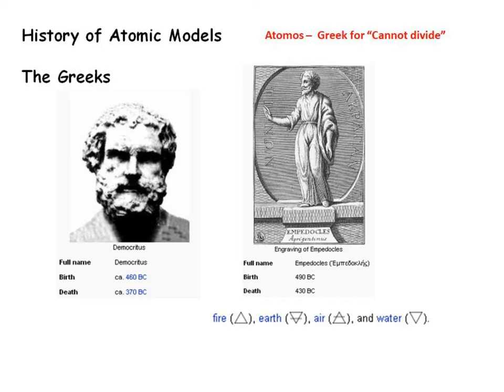And the Greeks were probably the first recorded evidence of people thinking that atoms might exist. In fact, the word atomos in Greek means cannot divide, and the word atom is derived from that. So even early on, people believed that there's a very fundamental particle that everything is made of, even though they knew, even at that time, that you wouldn't be able to see these things because they're so incredibly small.